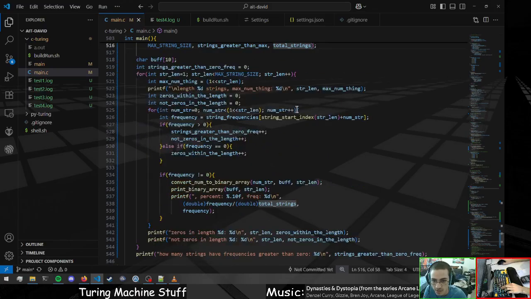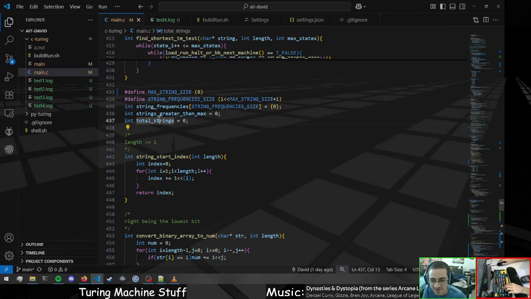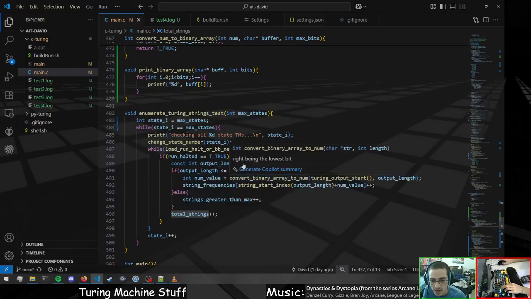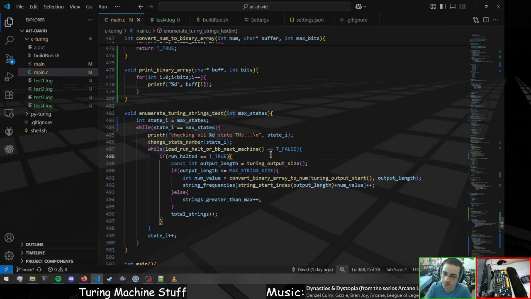Hold the phone, guys. Am I just calculating this incorrectly? How am I calculating this? No, this is correct, right? If it halts, then we add 1 to the total strings.